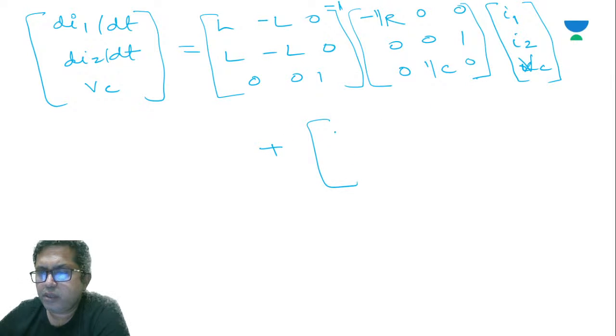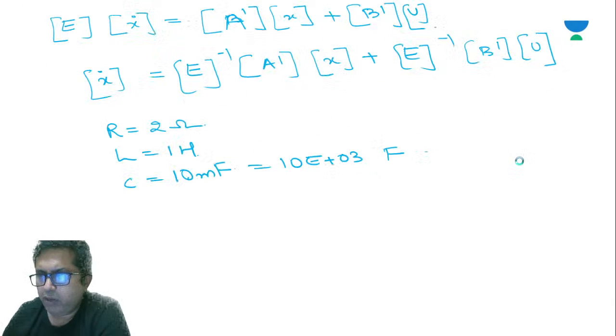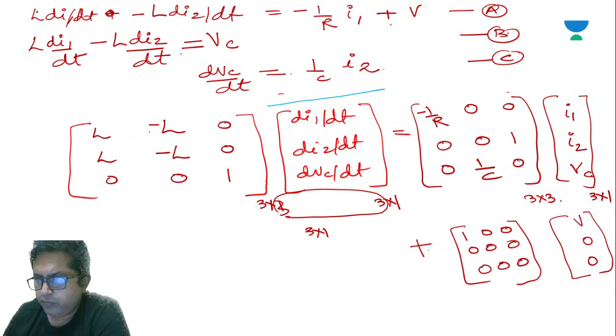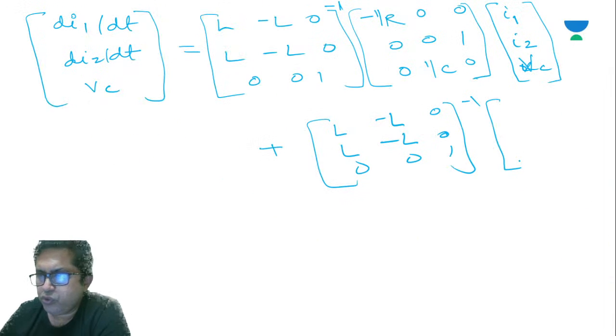Plus, L, minus L, 0, L, minus L, 0, 0, 0, 1, inverse. What I will get is which matrix? 1, 0, 0, 0, 0, 0, 0, 0, 0.